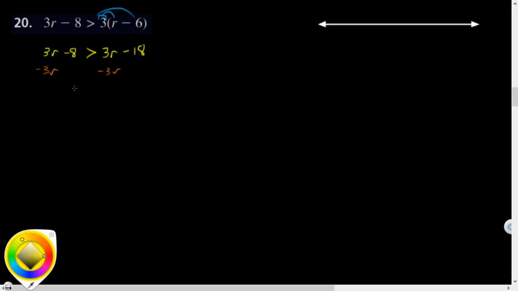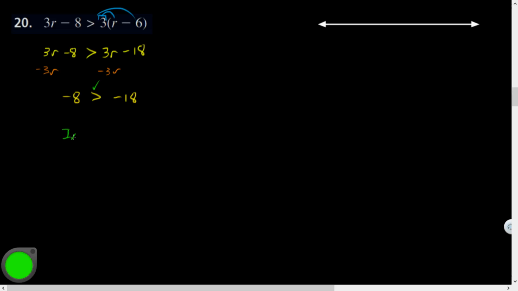I get -8 is greater than -18. All my variables disappeared, but I'm getting a thumbs up because this is a true statement. Yep, that's a true statement, and that means there are infinitely many solutions.